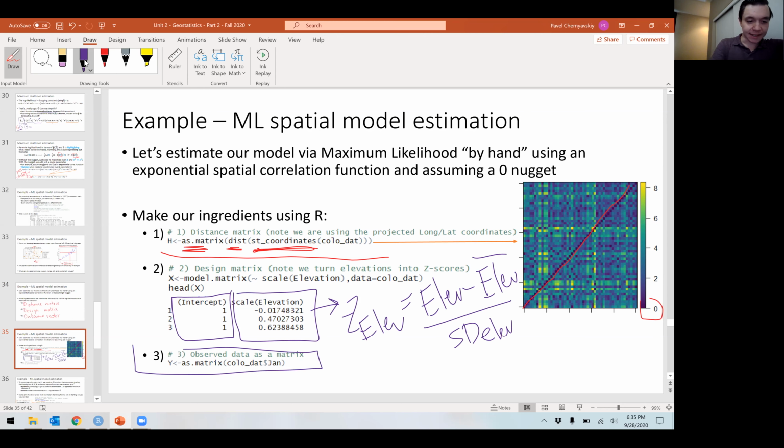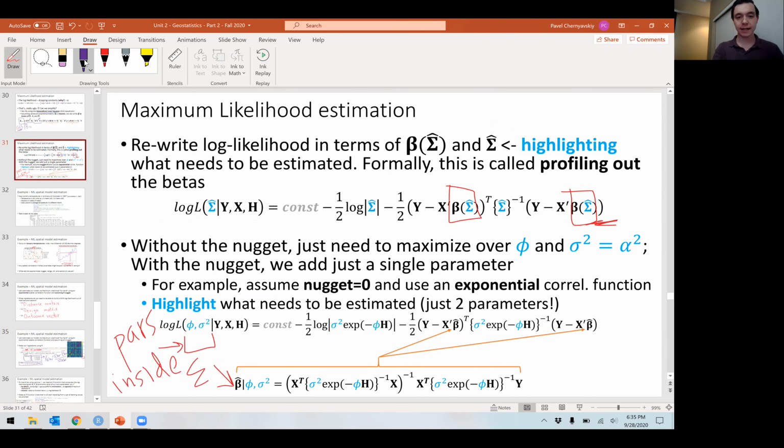I need to do this as a matrix to make the matrix algebra work, because I'll be using R to do some matrix algebra, right? I need matrix algebra for this GLS equation to work.